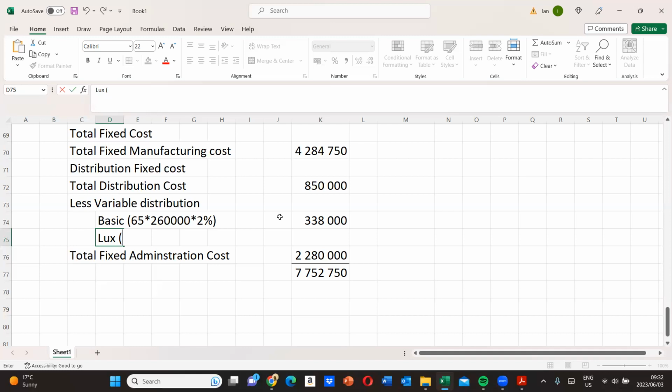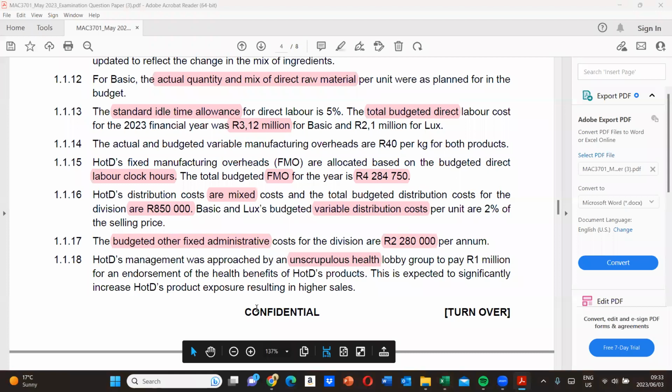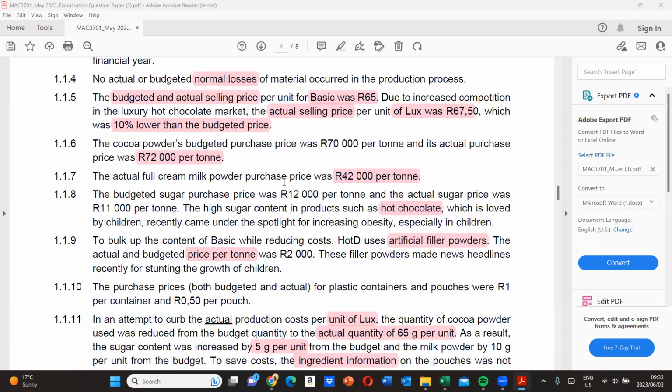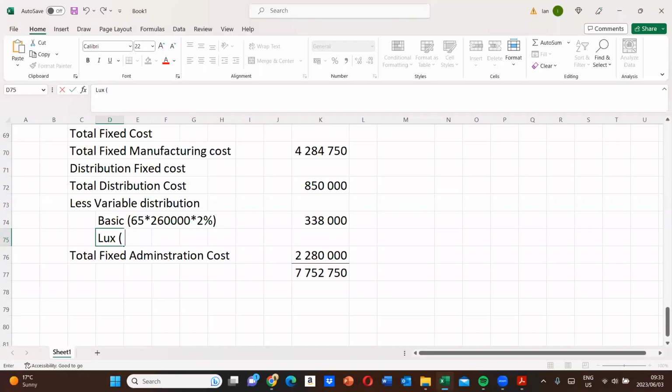All right. So we now have the variable distribution cost for Basic. Let's look at the other one. In regards to the other one, what is the selling price in regards to Lux? We're told Lux is now selling at 67.50, lower than the budget. So we're going to take 67.50 and just multiply with 90%, right?